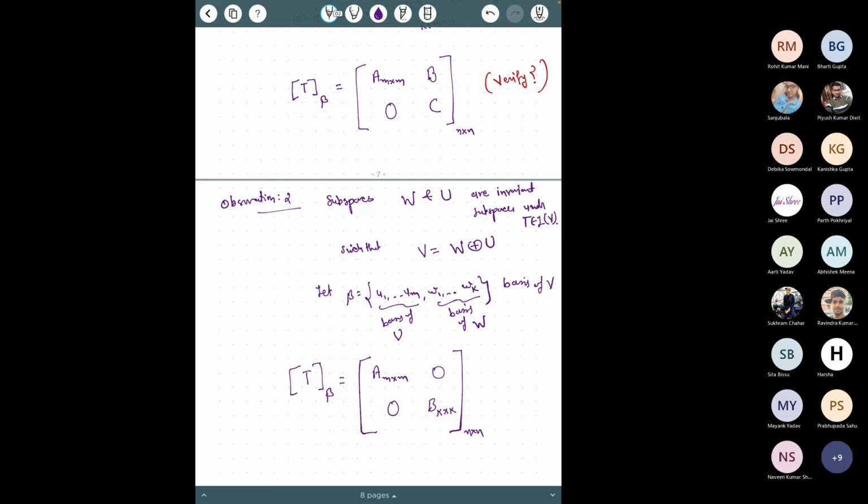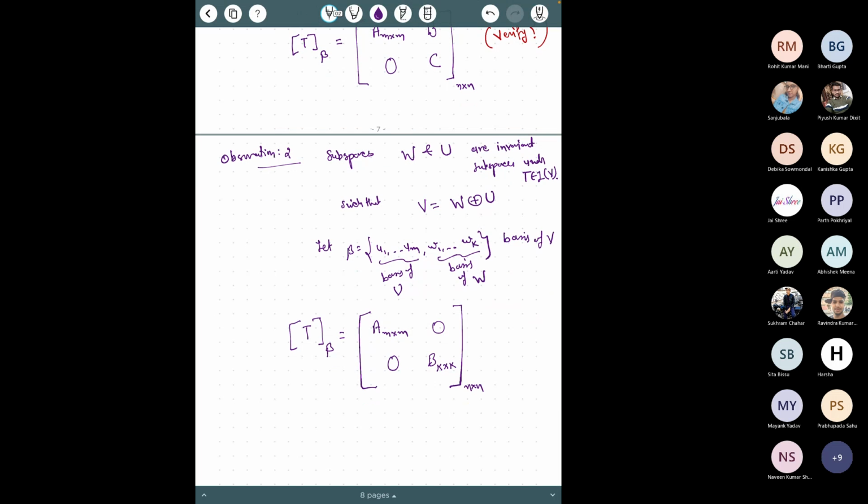So now you can see that using two invariant subspaces such that their direct sum gives us the whole space, and if we choose our basis as the union of their bases, then with respect to this basis, the matrix representation has many zeros now. At least you can see that they have zeros.